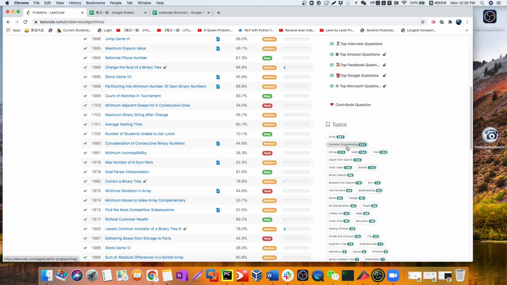For example, dynamic programming. I think the course discussed the knapsack problem or the longest common subsequence, and those are subtypes of dynamic programming. But there are actually 6 types of dynamic programming, so the course is definitely not enough. By the time you start solving those problems, you understand there is much more than what we learned from the courses.